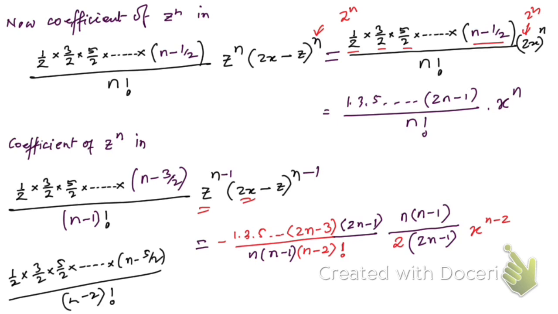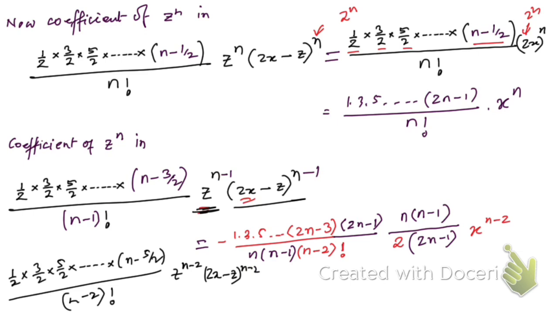Then z to the power n minus 2 into twice x minus z to the power n minus 2. So from this term we're going to find the coefficient of z to the power n.